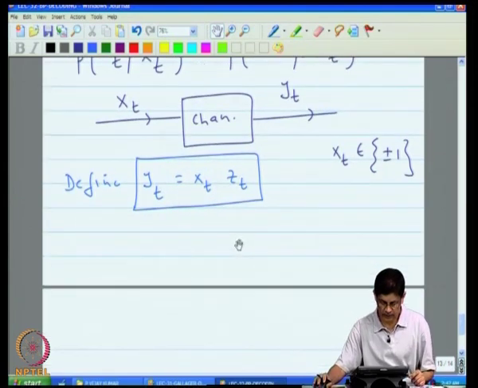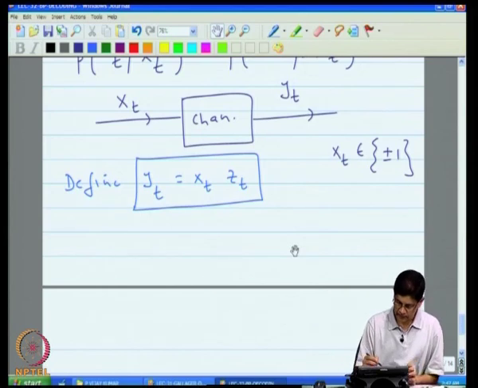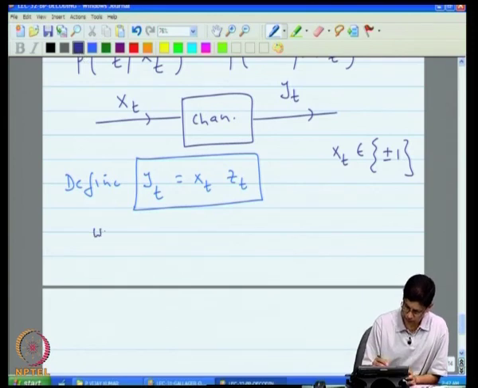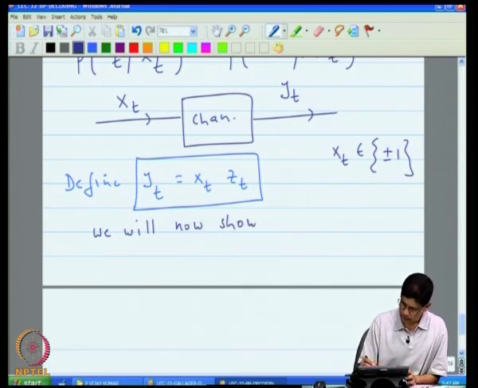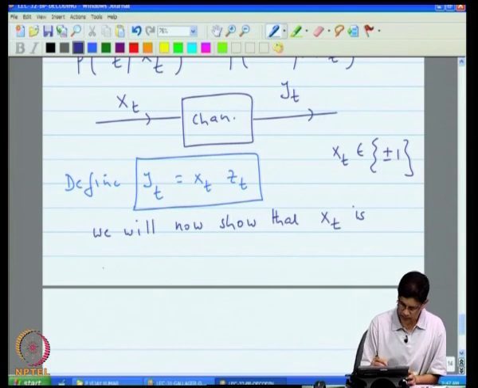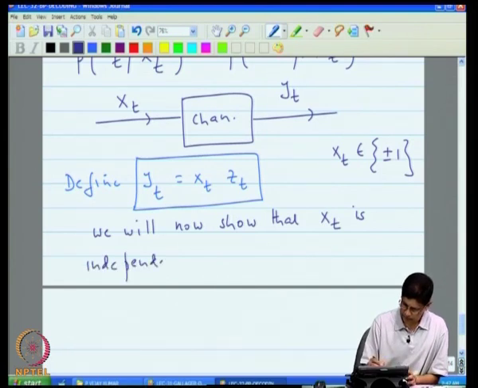And now, what I want to show is that xt is independent of zt.